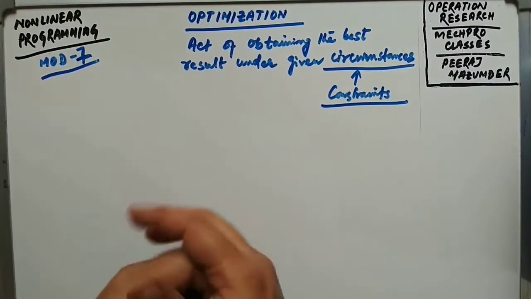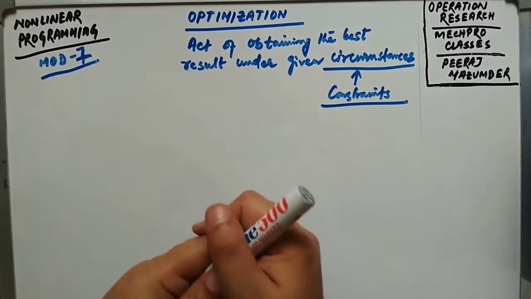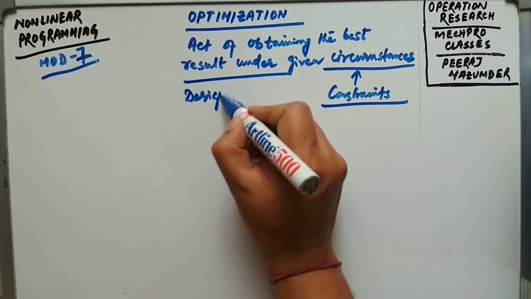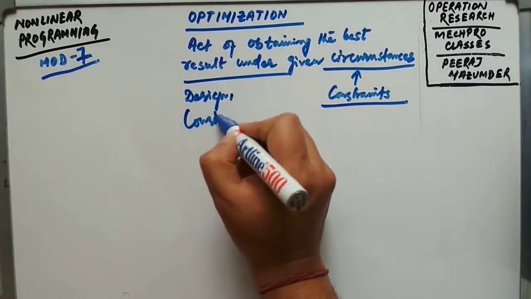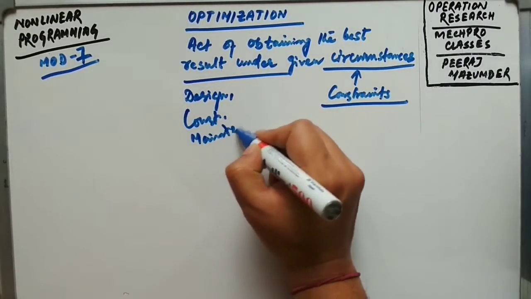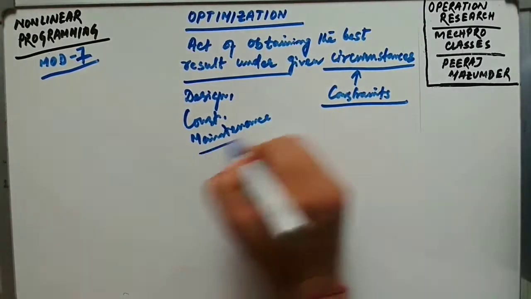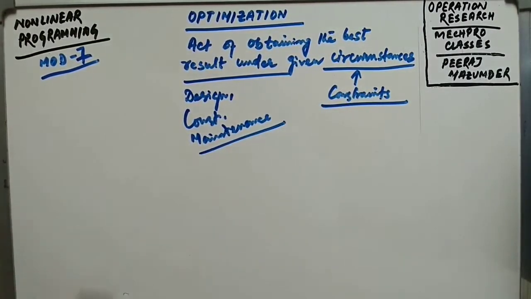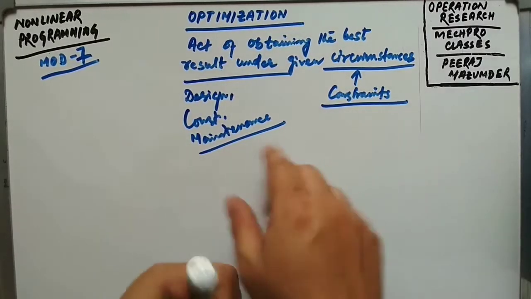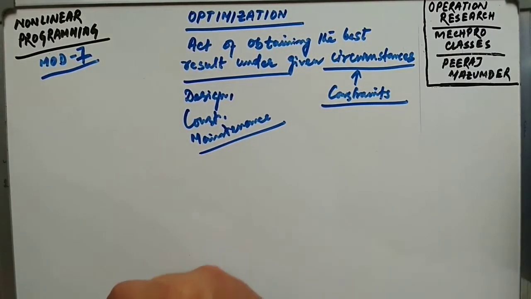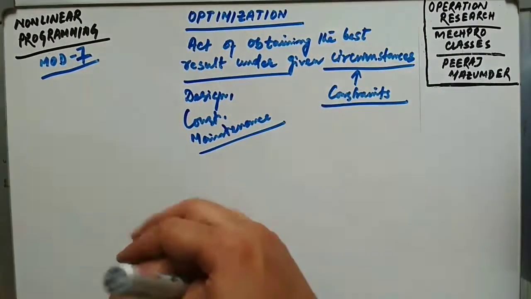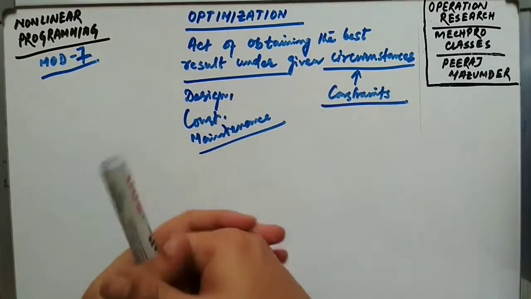Now, in design, construction, and maintenance of many engineering systems, engineers have to take many technological and managerial decisions at several stages and under some given circumstances.